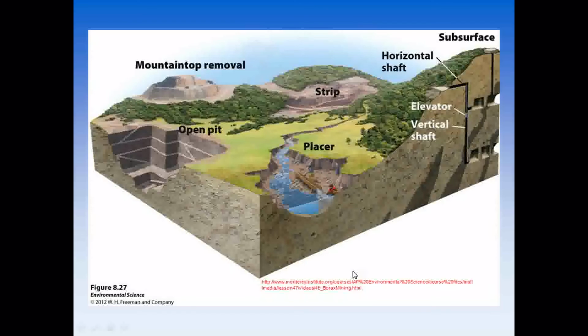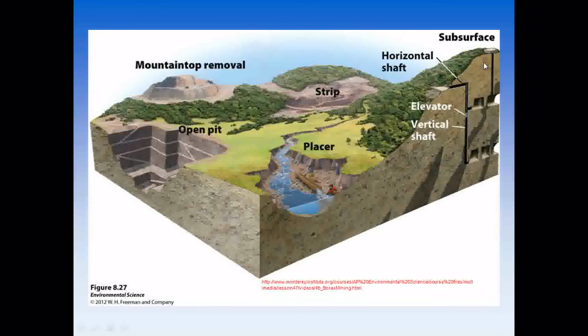Here's that diagram I was telling you about. This diagram is on page 227 in your book, and it shows all of these different kinds. Here's the subsurface mining that I was talking about, where we actually dig tunnels and shafts and really dig rooms almost, where our miners can go down the shaft through an elevator and then go down into these rooms, and then they can dig for the ore in those rooms.